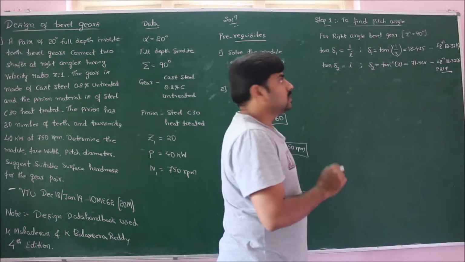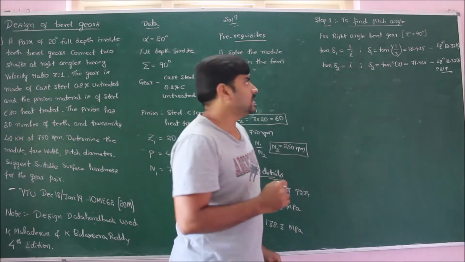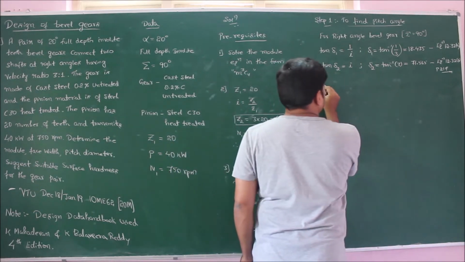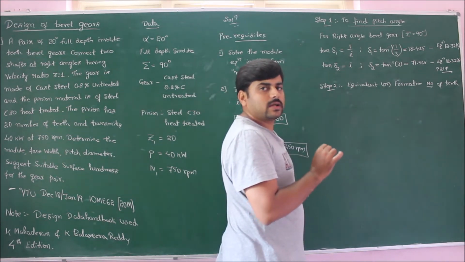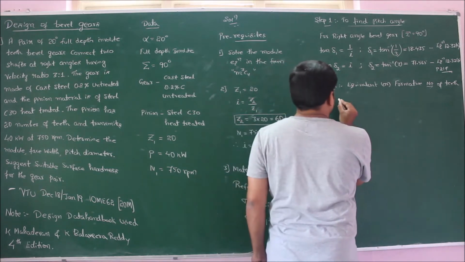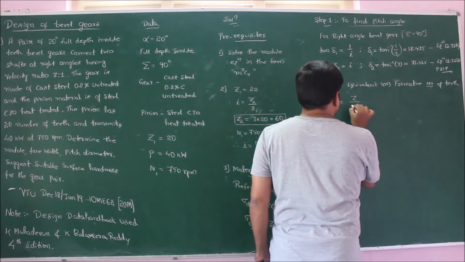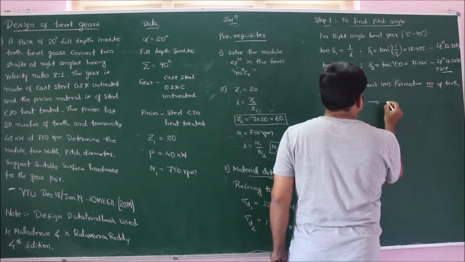Now moving on to step 2, that is to find the equivalent or formative number of teeth. From equation 12.35d, referring to page number 218 of our design data handbook, we have the formula Z equivalent is equal to Z by cos delta.